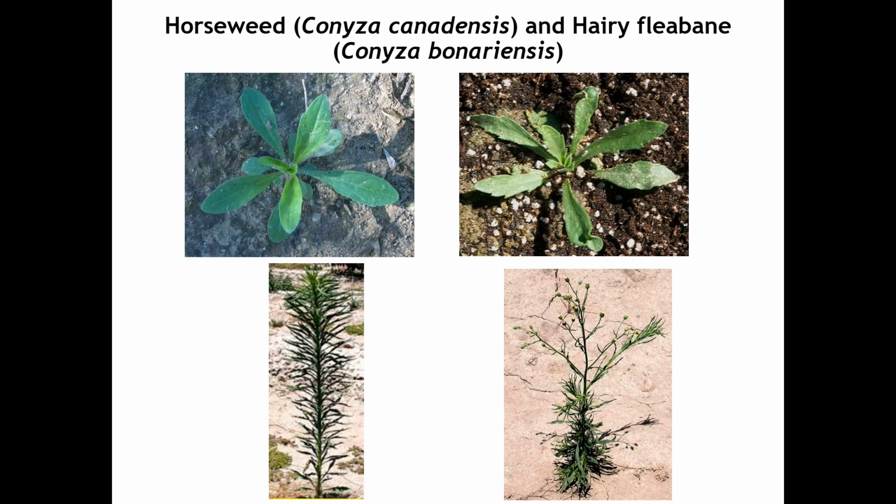If you see horseweed on your left, it has more of a club-shaped leaf with less serrations, whereas fleabane on your right has elongated leaves and a lot of serrations. It is also pale green in color compared to horseweed. Once it bolts, you can tell the two apart because horseweed will grow as a single stem, whereas fleabane will have branches.